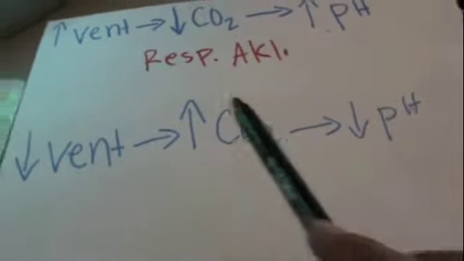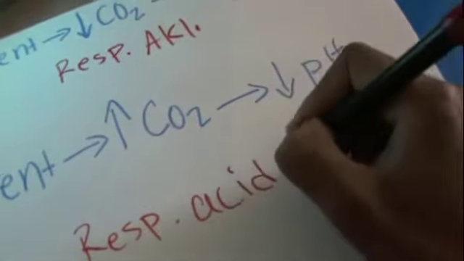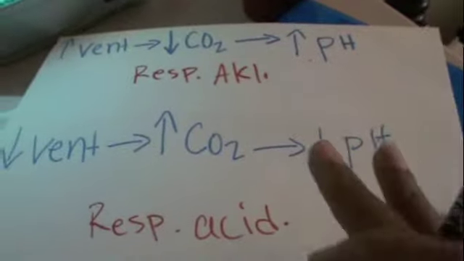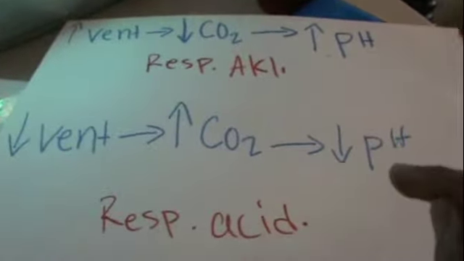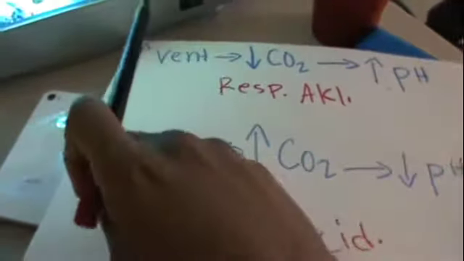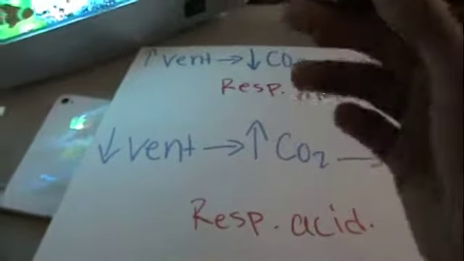So it's respiratory acidosis. So just remember, if the CO2 and pH are pointing in different directions, it is a respiratory problem. And then you look at the first arrows here, and where are they pointing? If it is going up, it's alkalosis. If it is going down, it's acidosis.